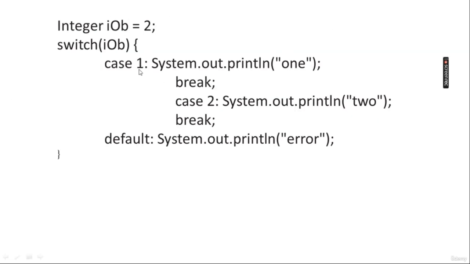Case 1 prints 1, and case 2 prints 2. So iOb is 2, and you can pass it directly without converting into primitive type int. It will automatically unbox and be converted into primitive type, and it will be checked for the value, and output 2 will be displayed.